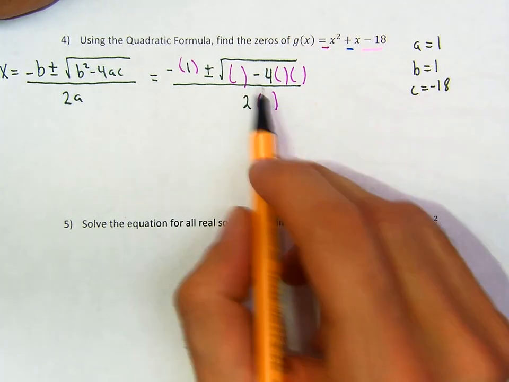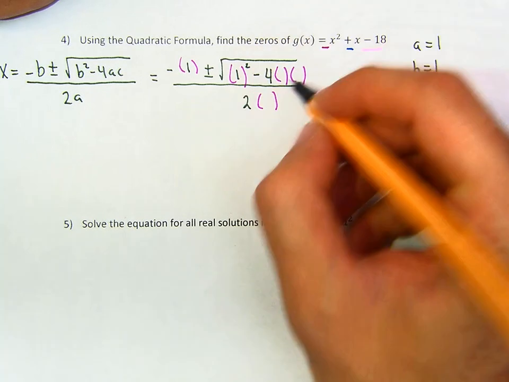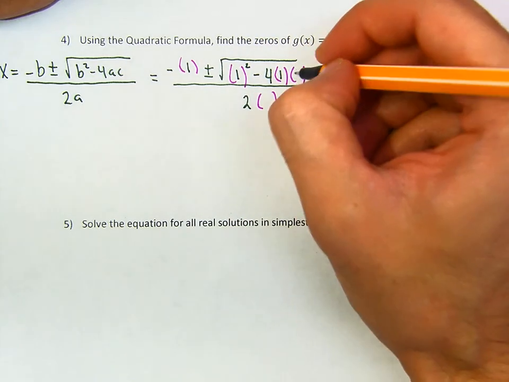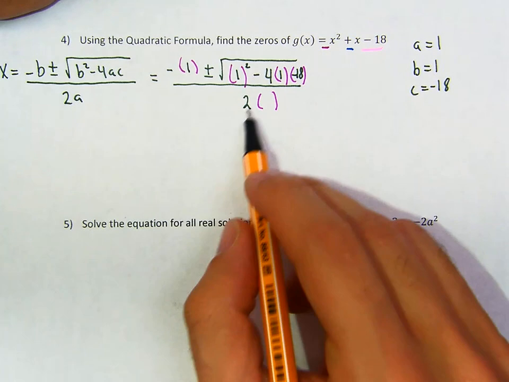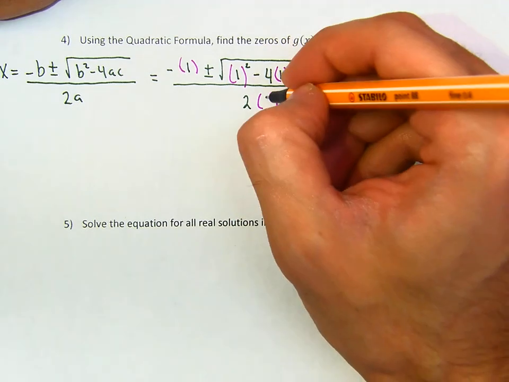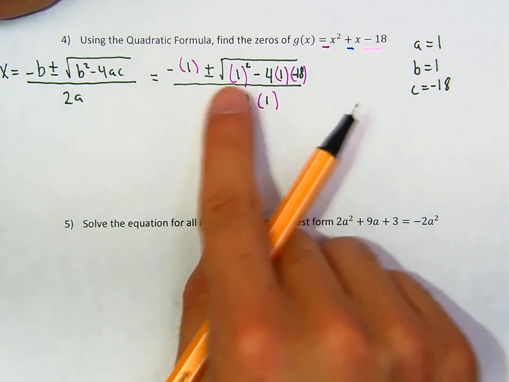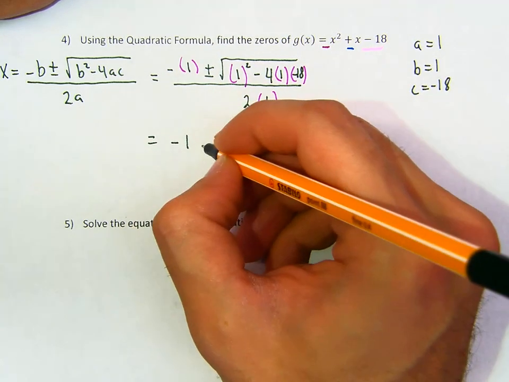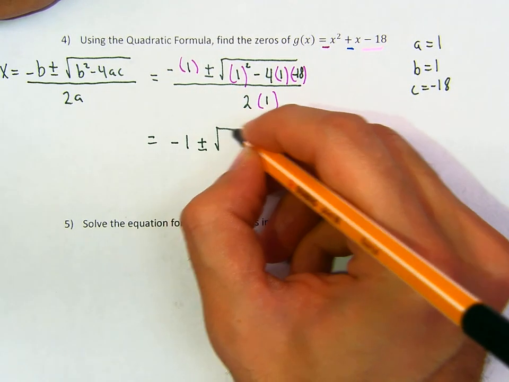Now this is what b is, 1 squared minus 4 times 1 times negative 18, and this is 2 times 1, okay.